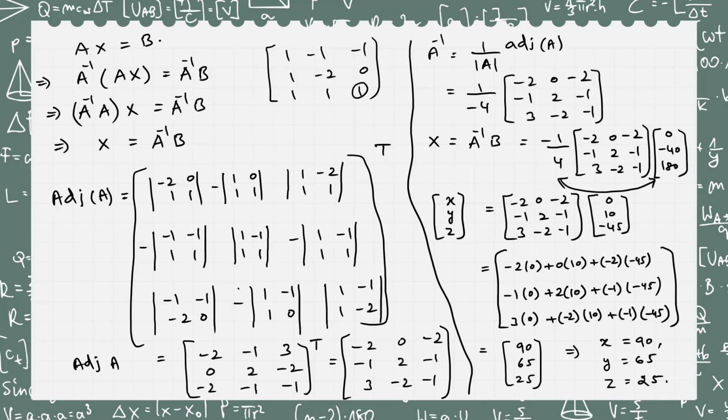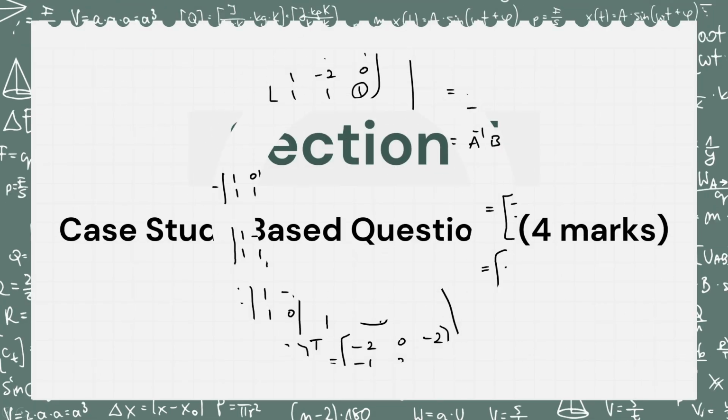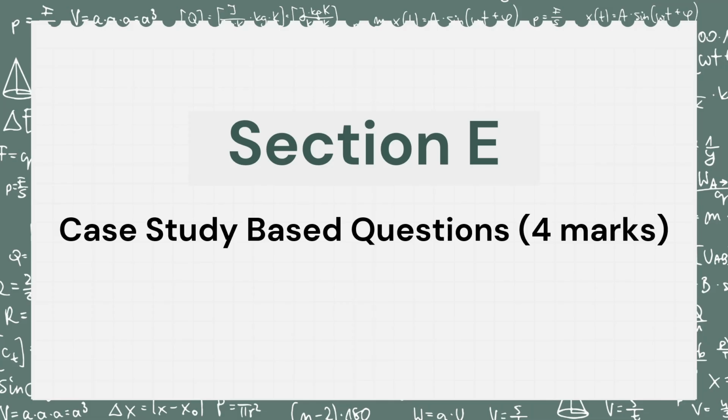So the number of students allocated in sports club were 90, and number of students allocated in music club were 65, and the number of students allocated to the drama club were 25. So that's the answer. Let's solve section E, case study based questions carrying 4 marks each.